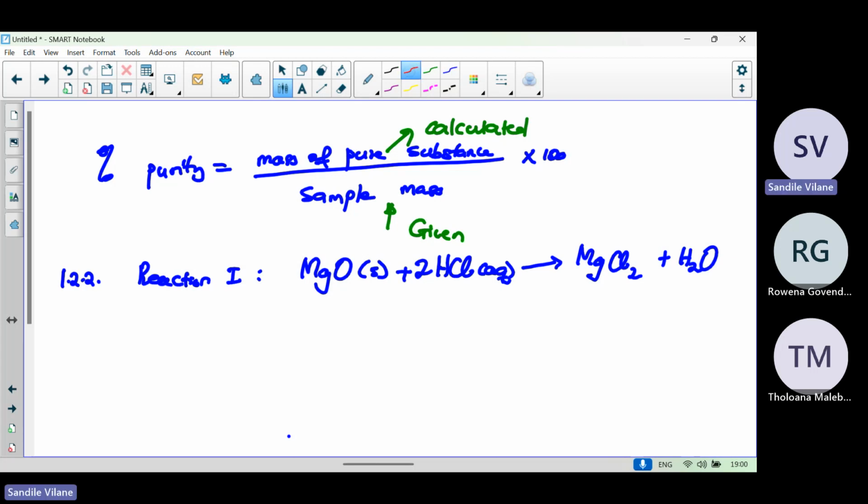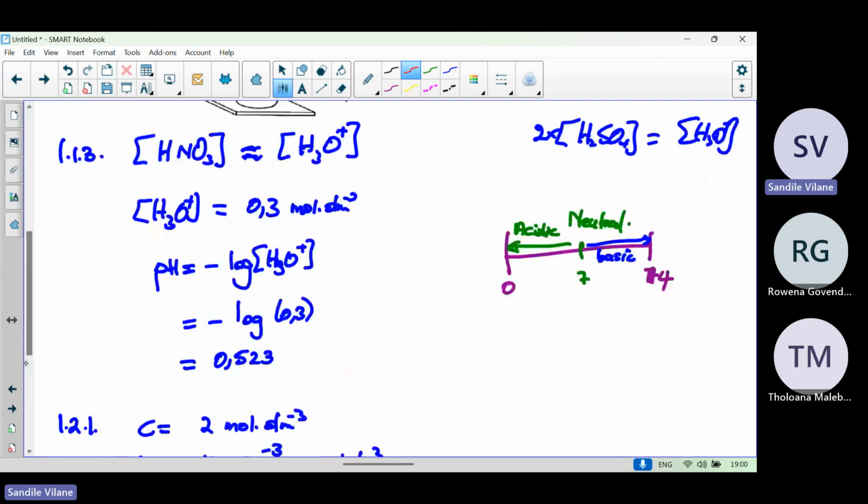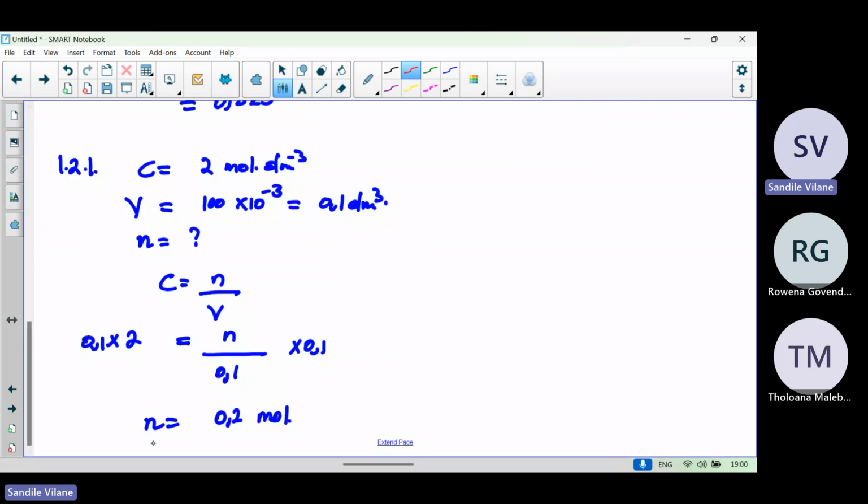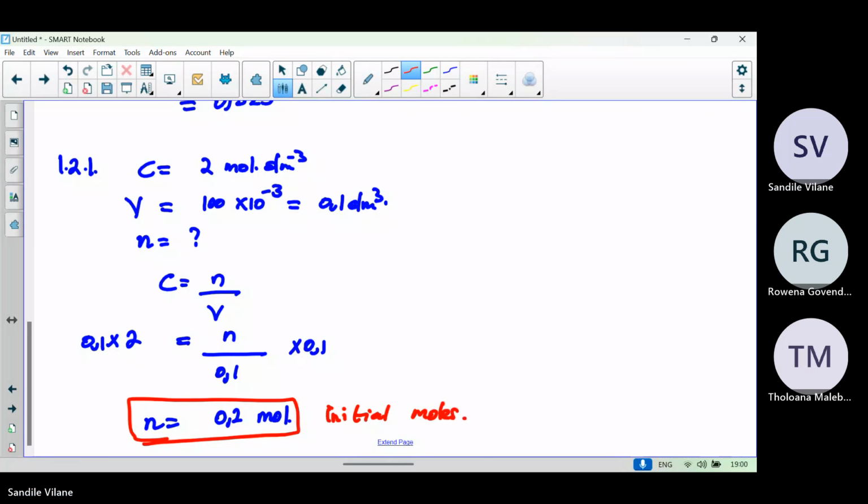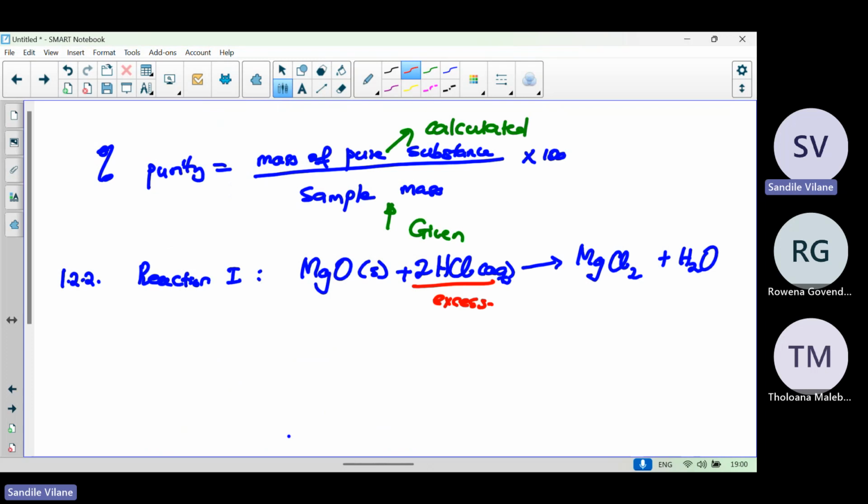They are telling you that in this reaction, the acid is in excess. So you are not going to use all of these 0.2 moles. These are the initial moles of the acid. But of this 0.2, not everything will be used in reaction number 1. A certain amount will remain.